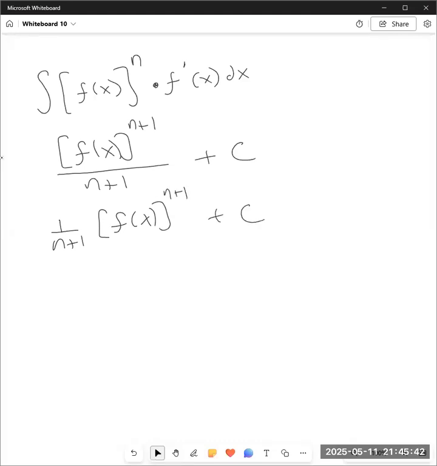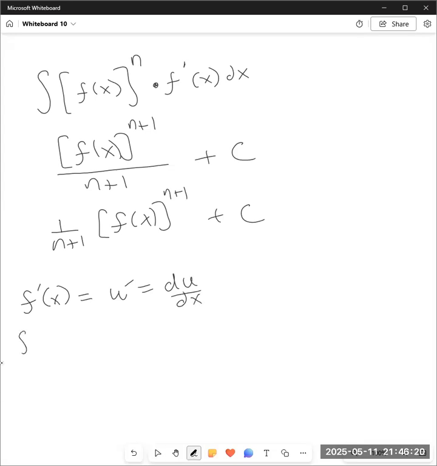And that looks really confusing to me to have those f of x's in there. So we're going to learn something called the chain rule. And we say that this f prime of x, we can express that as some u prime or du dx.